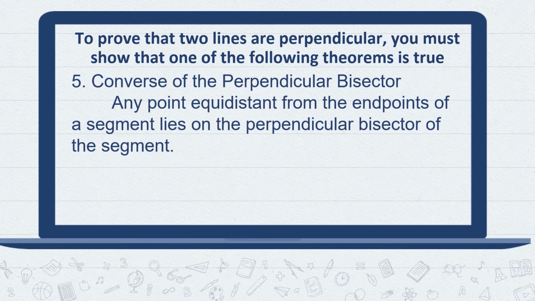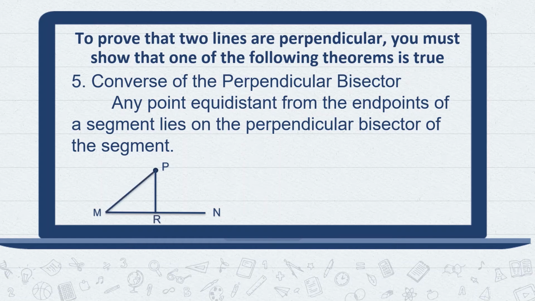Next is the converse of the perpendicular bisector theorem. It states that any point equidistant from the endpoints of a segment lies on the perpendicular bisector of the segment. So let's say meron tayong segment MN, and above it we are going to draw a point which is equidistant to point M and point N, and we call it point P. Now, we are going to draw a segment from point P which is perpendicular to MN, and we call it segment PR.